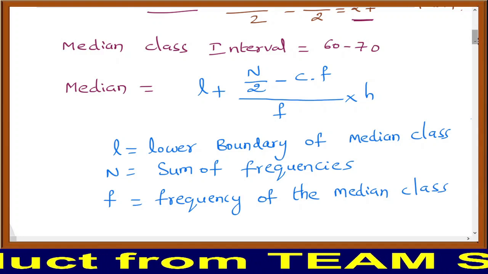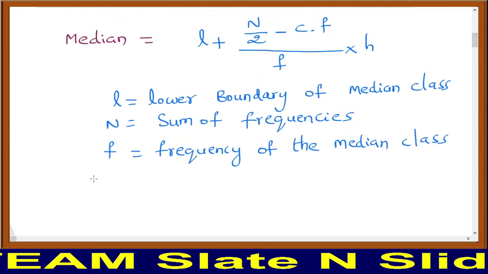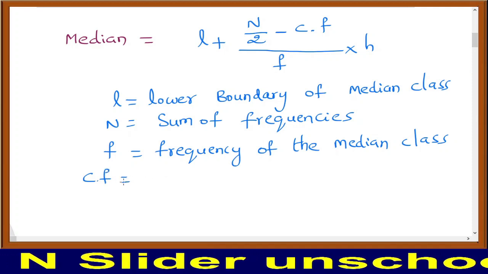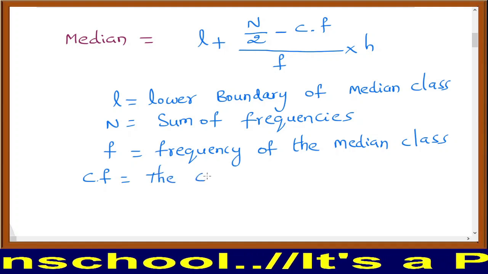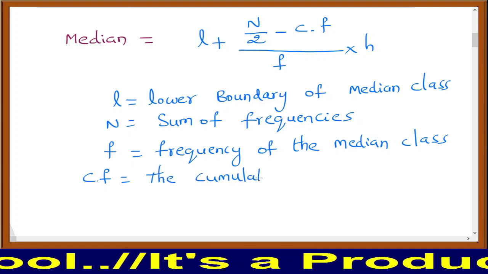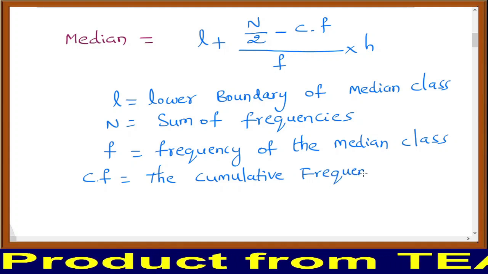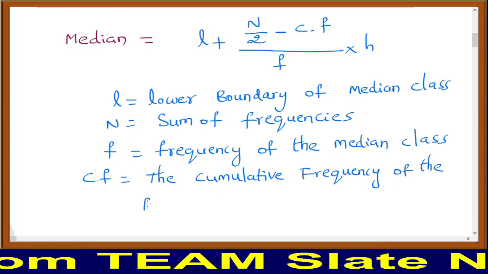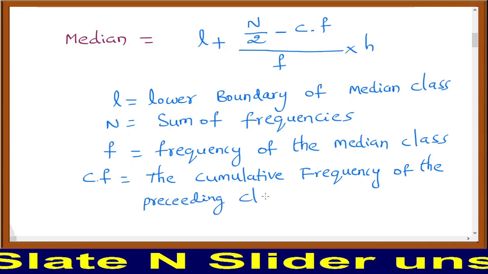And what is Cf? Cf means cumulative frequency. What is cumulative frequency? It is the cumulative frequency of the class preceding the median class.